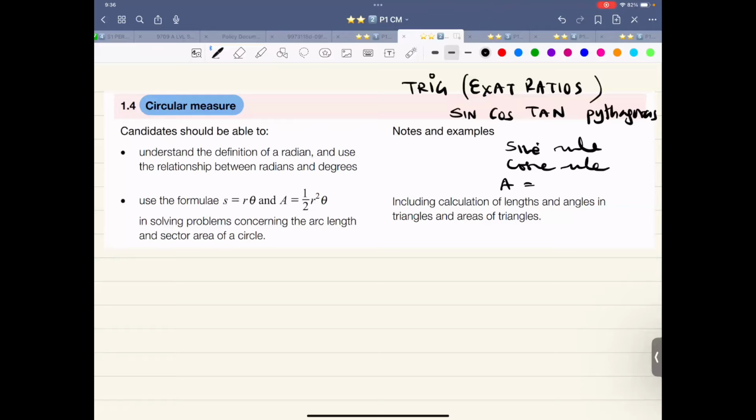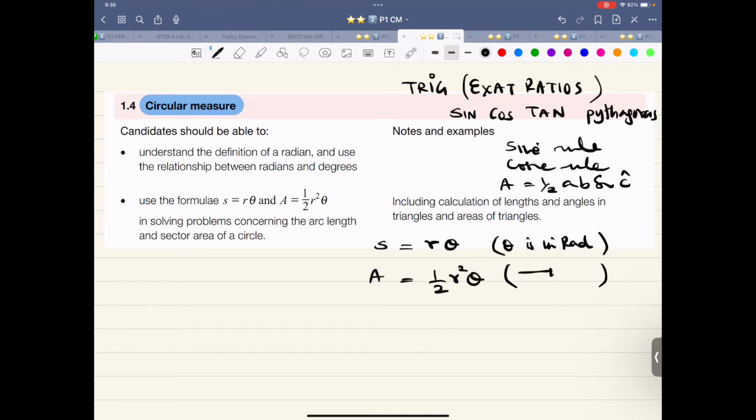We need area half ab sine C. We need the formula arc length, that is r theta. Area is half r squared theta. The condition is theta is in radians, and make sure the calculator is in radian mode, throughout this chapter of circular measure.